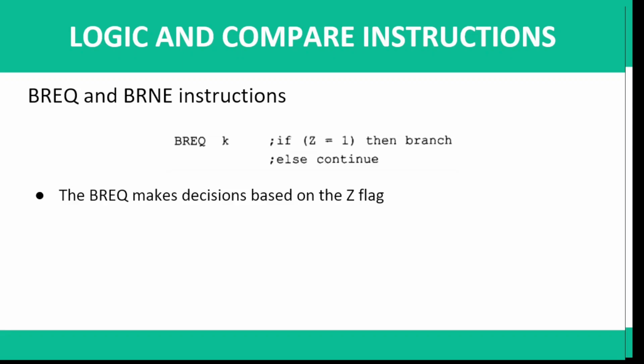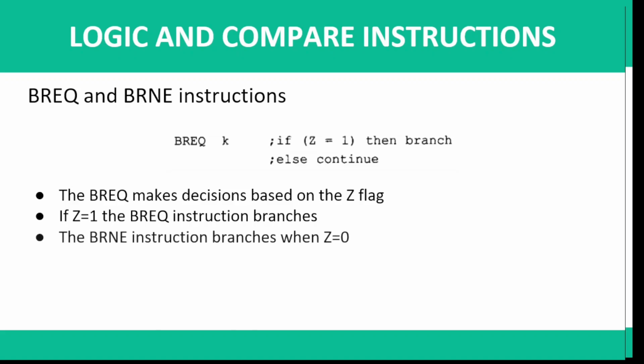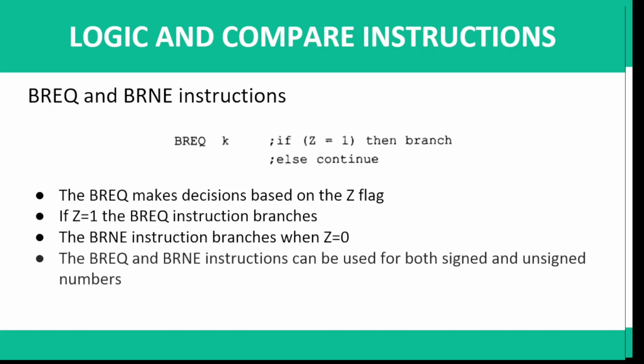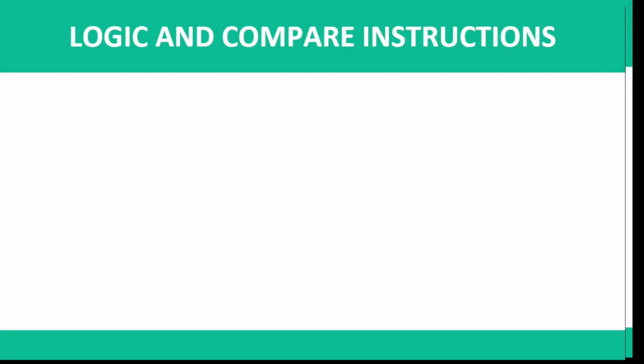The difference is that the Z in BRNE must be equal to 0 in order for it to branch, and in BREQ, Z is equal to 1 in order for it to branch. The BREQ and BRNE instructions can be used for both signed and unsigned numbers.